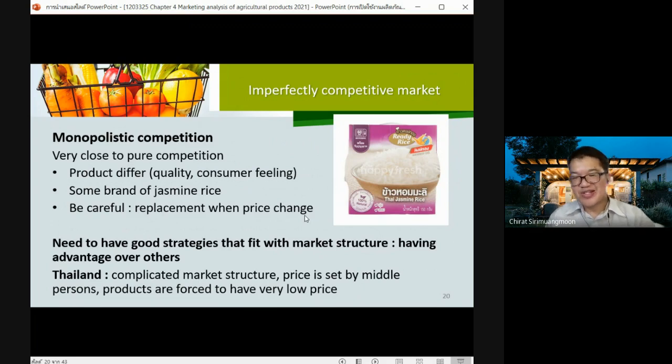Consumers might not be happy to pay the higher price anymore, so they change their mind and buy the lower price. In this case, you're going to lose your market share.